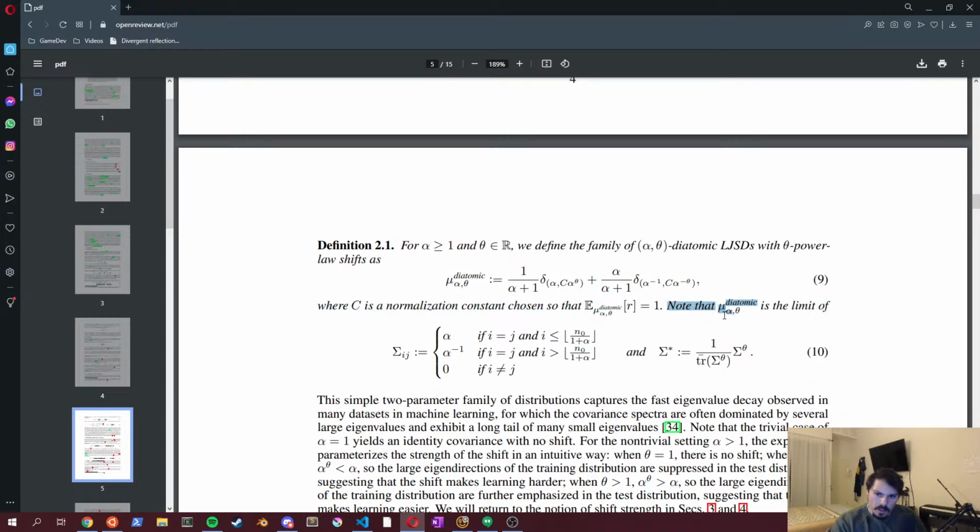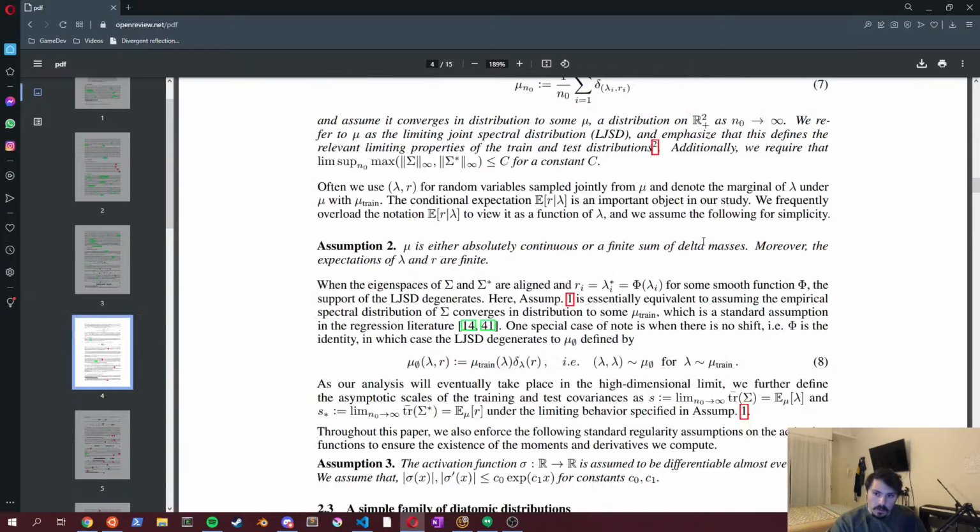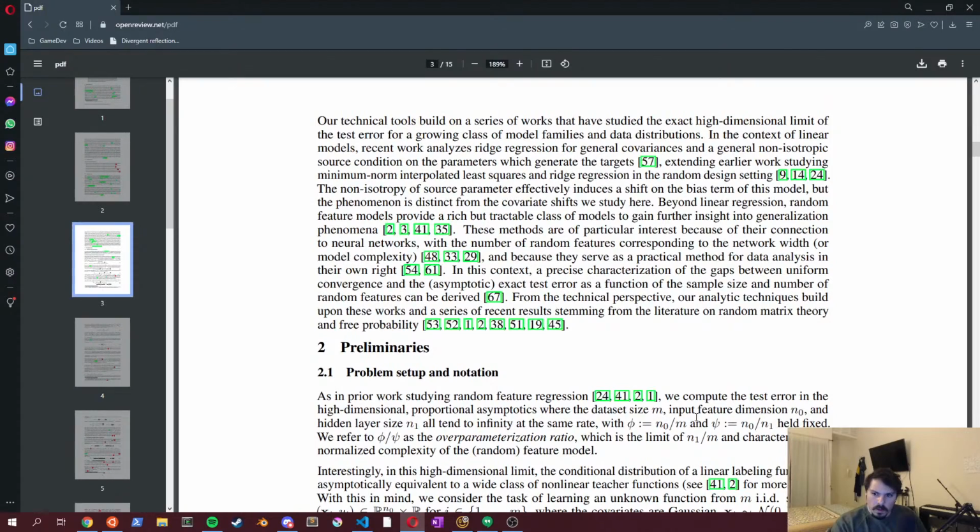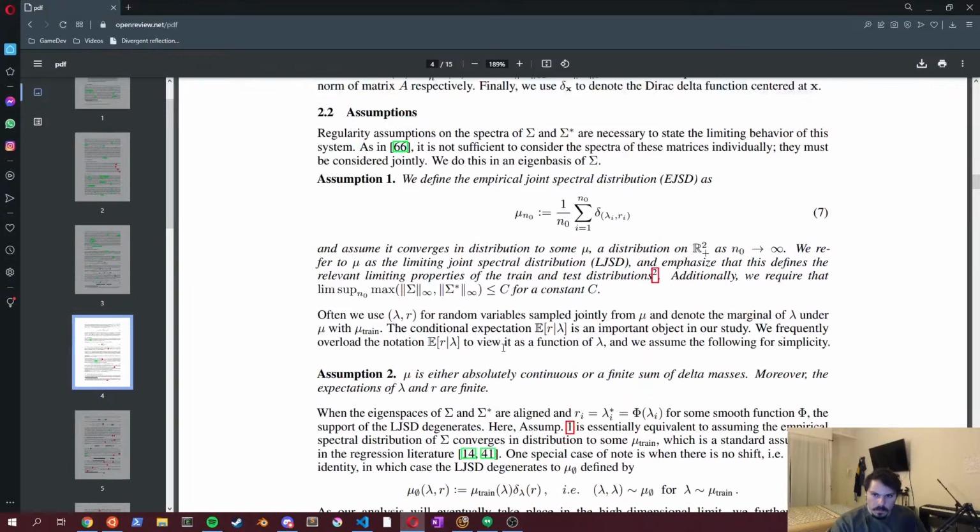Note that mu diatomic is the limit of alpha if i is equal to j, and it's less than n0 over 1 plus alpha. I think n0 was the input feature dimension, yeah.